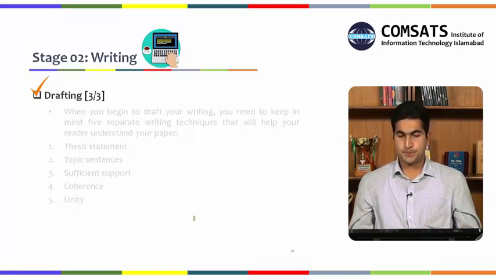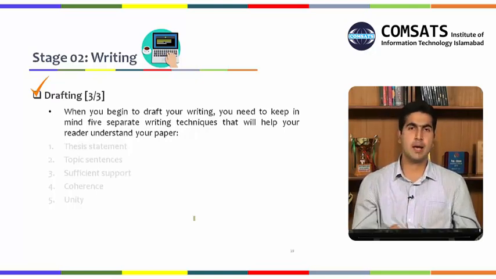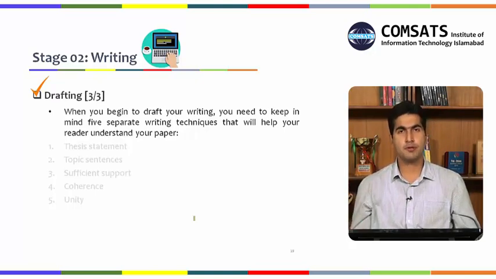When you begin to draft your writing, you need to keep in mind 5 separate writing techniques that will help your reader understand your paper. Of course, you can apply them in the initial stages as well, but you have to keep them permanently within your final draft. These are supposed to be there.